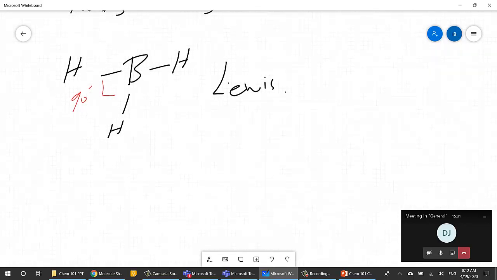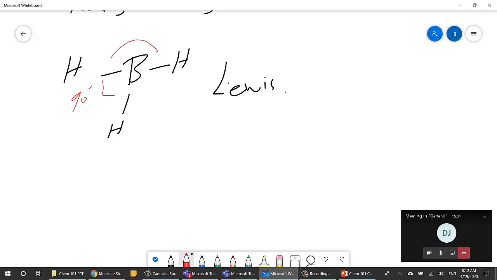This is not the actual structure. The VSEPR structure, there is no way to think why there is so much space here. Why is this 90 degrees? That's what VSEPR is for. If you want to think about VSEPR, you ask yourself why there is so much empty space here. VSEPR says that there is repulsion between these two pairs.